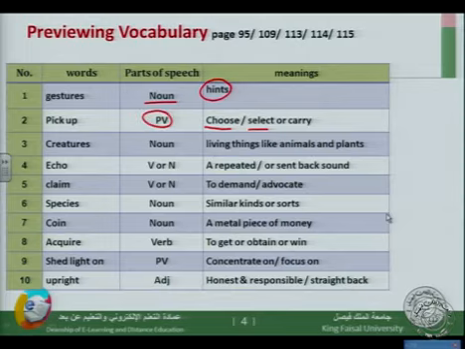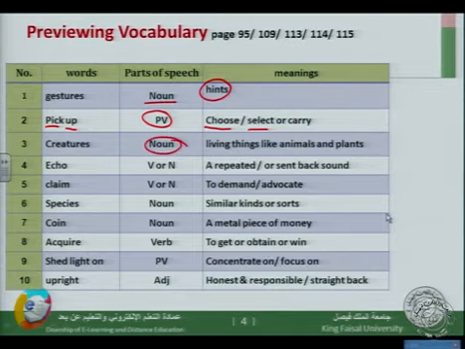And this is a phrasal verb. Why is it a phrasal verb? Because it consists of a verb and a preposition. What does a phrase mean? A phrase means a group of words. A group of words. Pick up is a phrasal verb. It means to choose or select or carry.